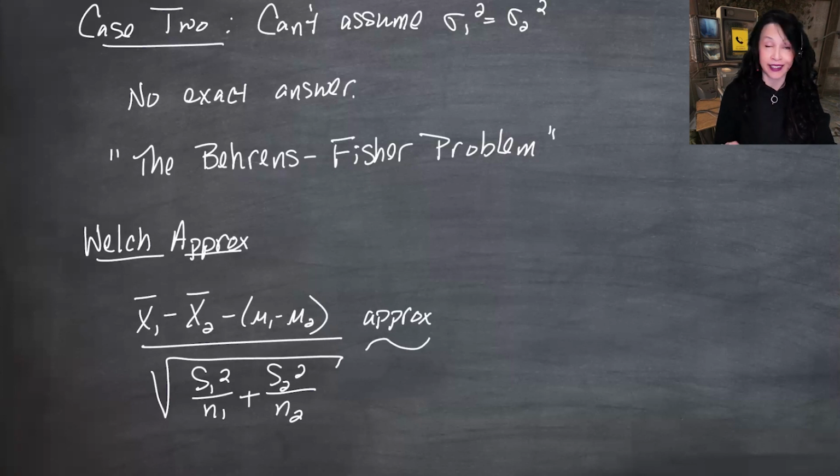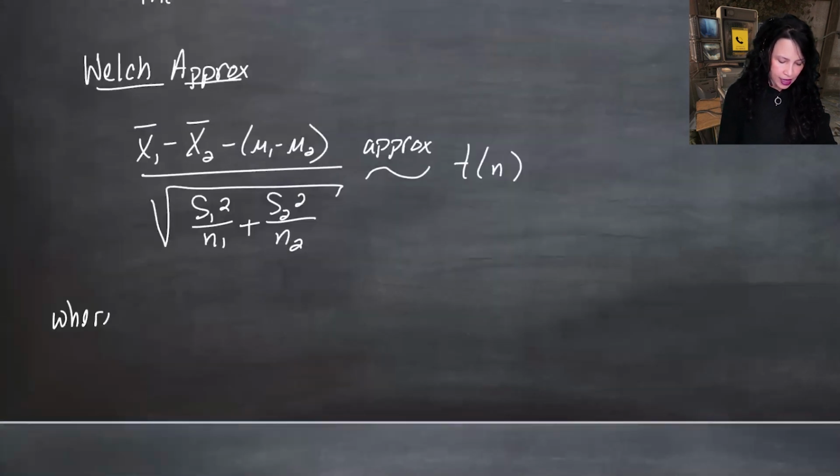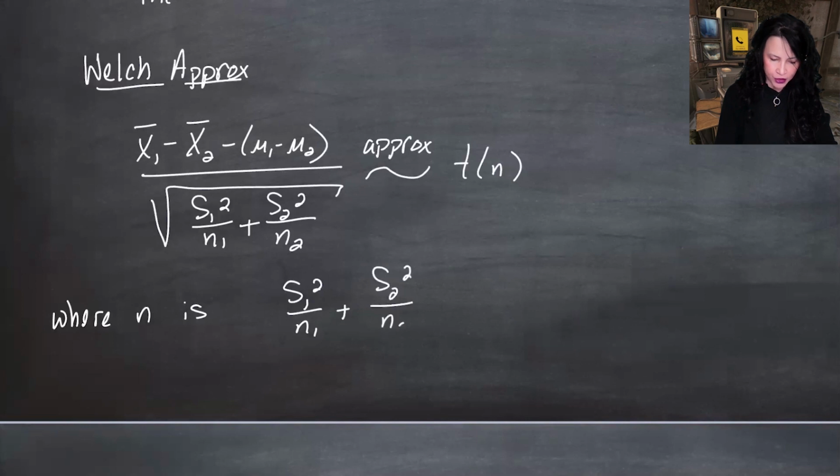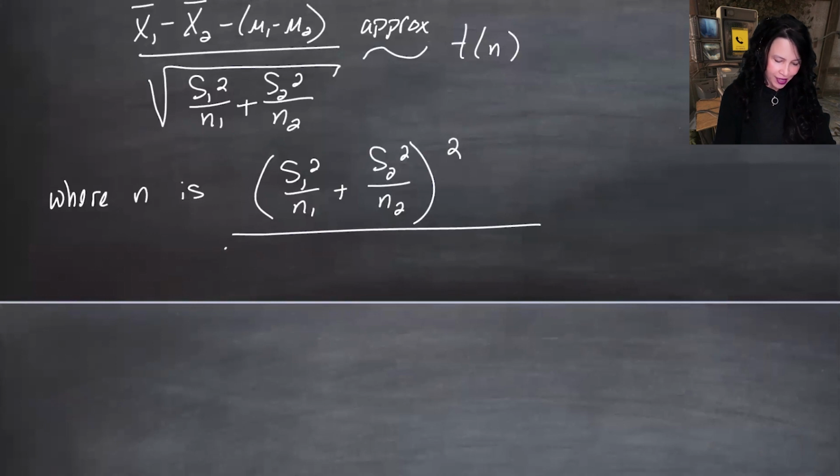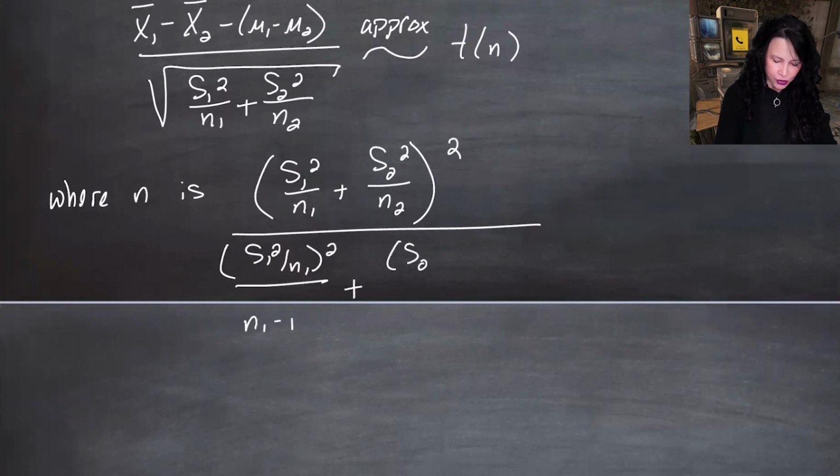It's just not exactly known, even for large samples. But it is approximately a t-distribution with n degrees of freedom, where n is (s1 squared over n1 plus s2 squared over n2) all squared, over (s1 squared over n1) squared over (n1 minus 1) plus (s2 squared over n2) squared over (n2 minus 1).